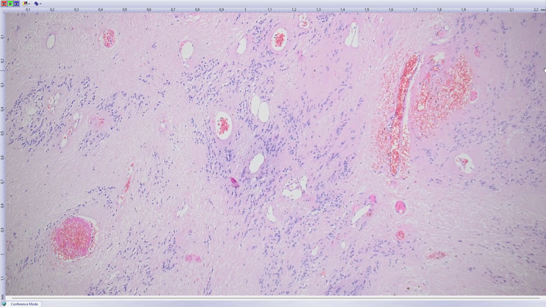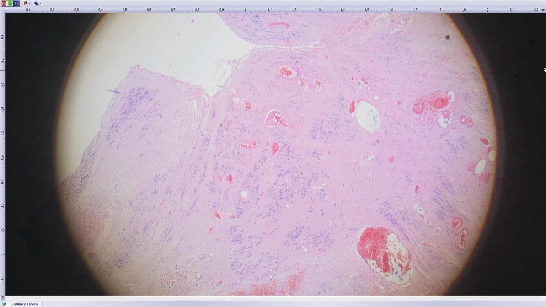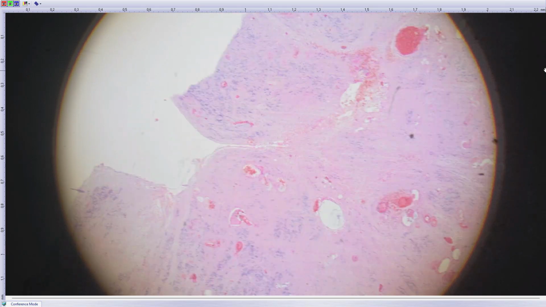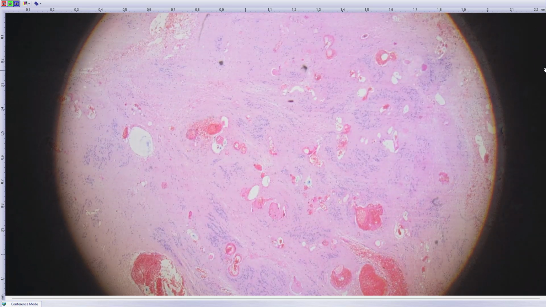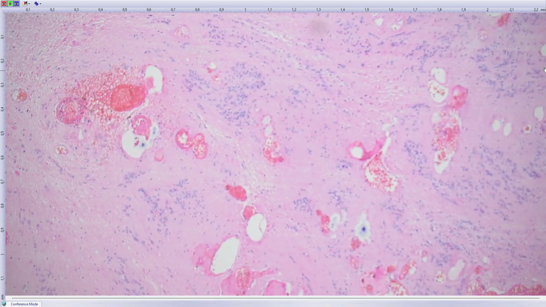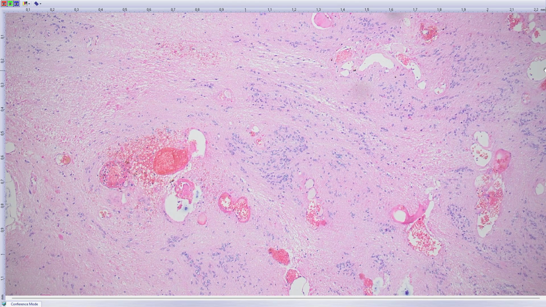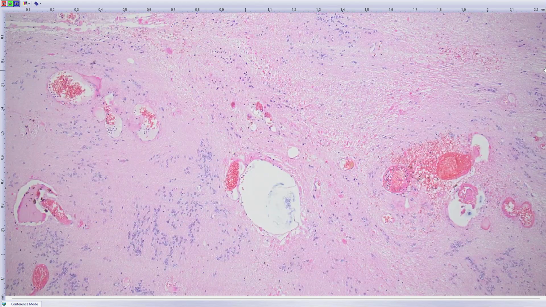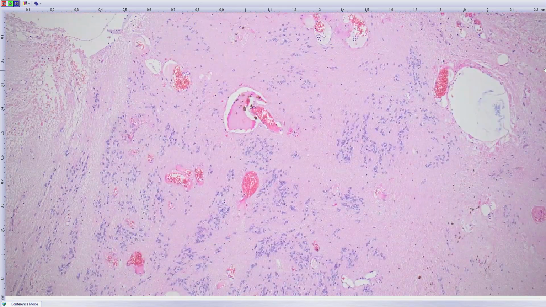So in low magnification, when you see something like this, it's almost always ependymoma or somehow ependymally differentiated tumor. And in this case, the cellularity is very, very low, and you see just clustering of cells at some foci. So it's not really a homogeneous tumor mass, and the diagnosis on H&E is subependymoma, which is a grade 1 tumor.